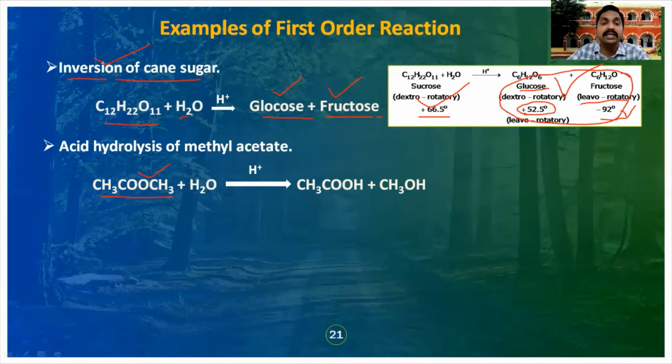In both cases H2O concentration is very high and the reaction rate does not depend on the concentration of water because its concentration is 55.55 molar and there will be no net change in the concentration of water. Thus the rate of reaction will depend here only on methyl acetate and here only on sucrose. Thus these reactions are first order kinetic reactions.